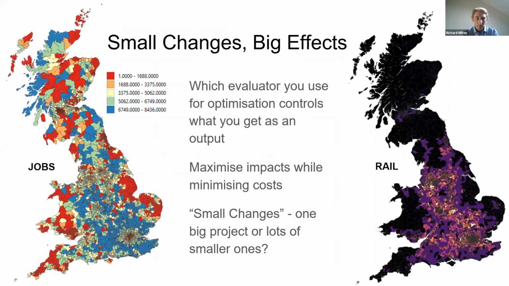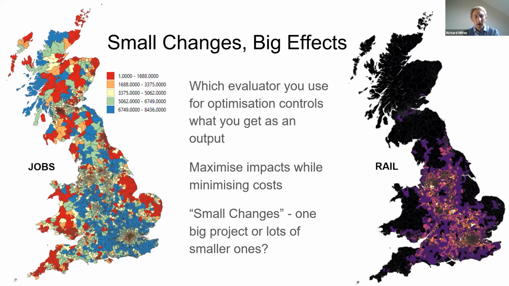So this is really the AI slide part of this. These two maps show the two parts of the quant. On the left, you've got the job scenarios, and on the right, you've got the rail scenarios. Now, the jobs, the way I looked at it, it's more like a game playing AI, because the map on the left is showing us all 8,400 zones.